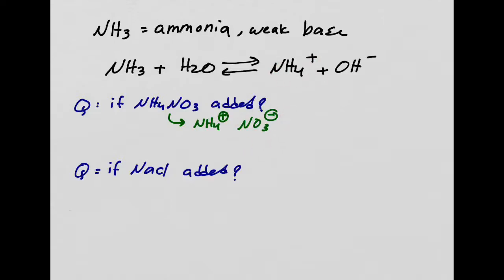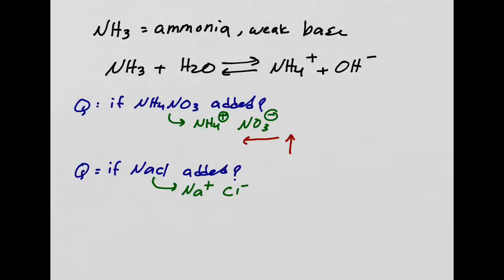Nitrate is not part of this equation. But ammonium is part of this equation. So if I add ammonium nitrate, I'm essentially adding more ammonium. So it would shift to the reactant side to balance it out. So I'm adding more ammonium, it will shift to the left. Now what happens if I add NaCl? So if I add NaCl, again, what you have in water, you have Na plus, Cl minus.